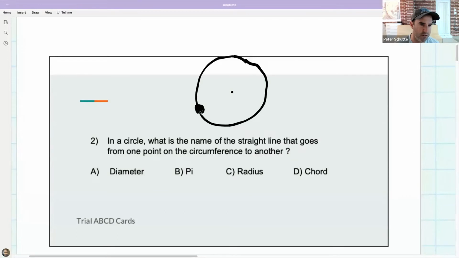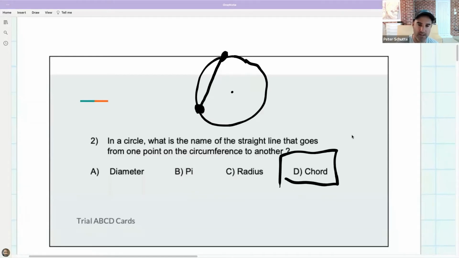Now, the circumference is the perimeter of a circle. Here's another point on the circumference. Is that line called the diameter? I don't think it is, because it's not going through the middle, and it didn't say anything about going through the middle. So the special word for that sounds a bit musical, but it's actually called a chord.